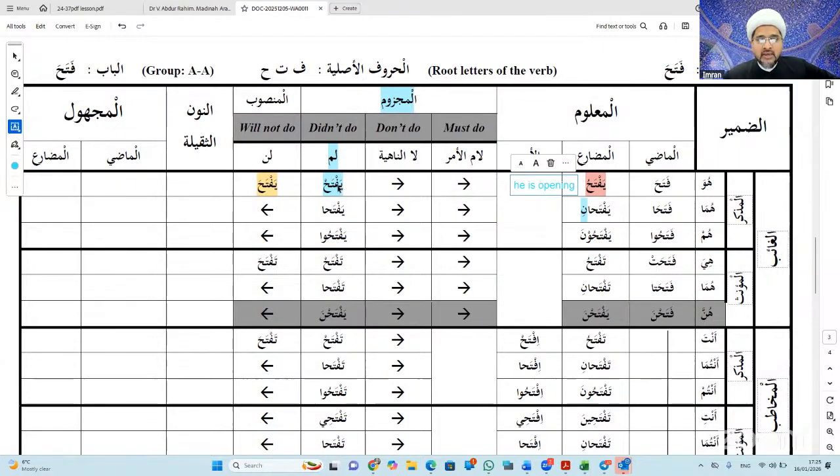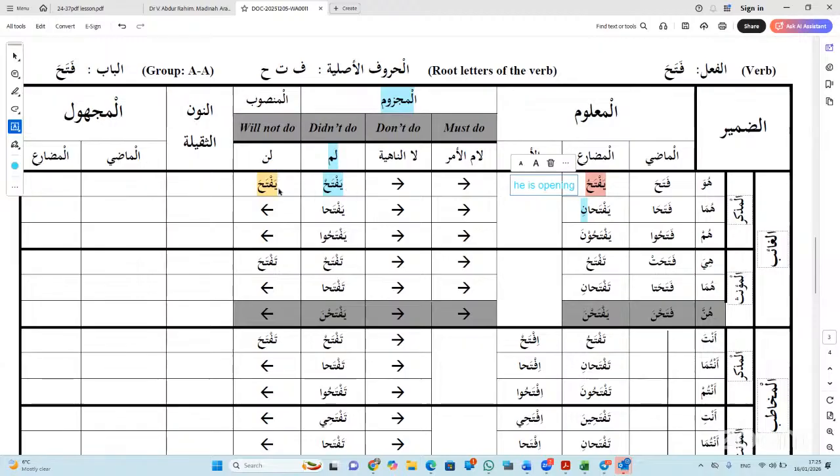That lam yafta, it means he did not open. And then lam yaftaha.